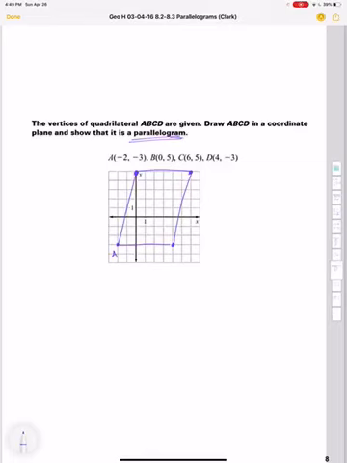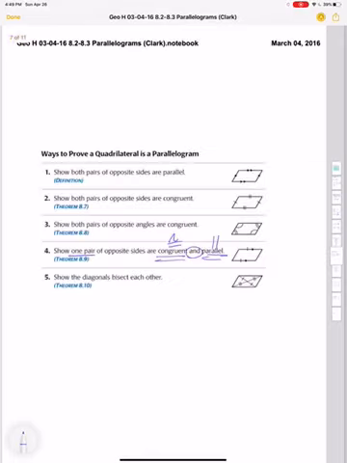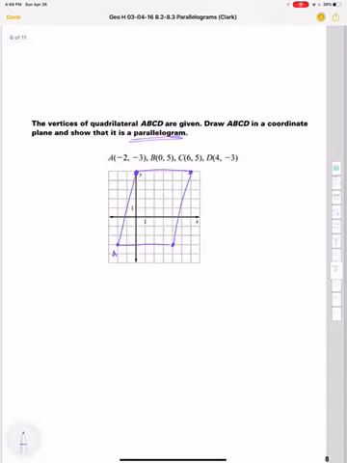All right. So we need to show that it's a parallelogram. So if we go back to these, what can we show? Can we show that the opposite sides are parallel? Well, what does it mean for them to be parallel? They have to have the same slope, right?